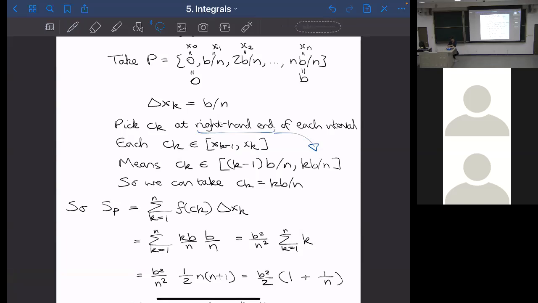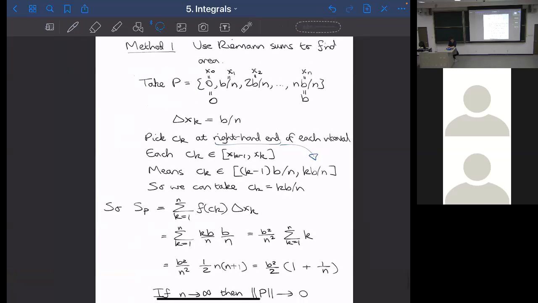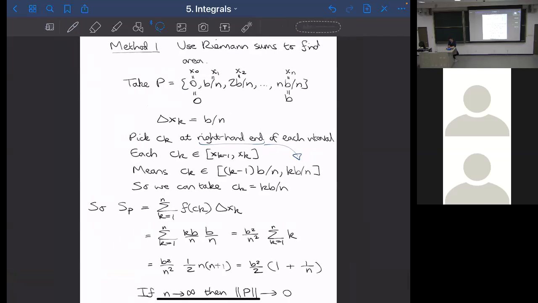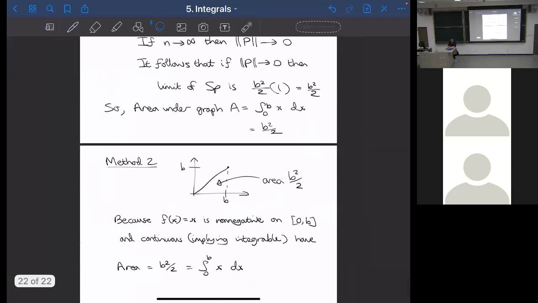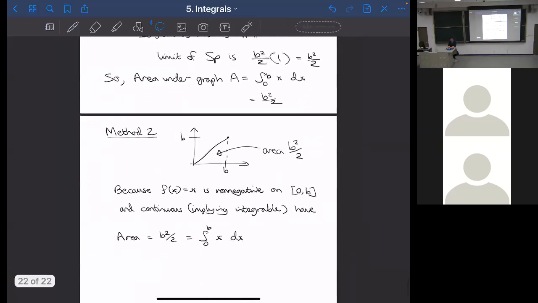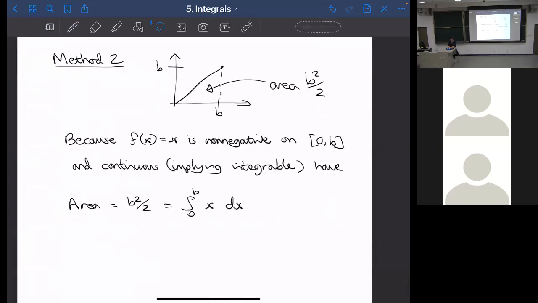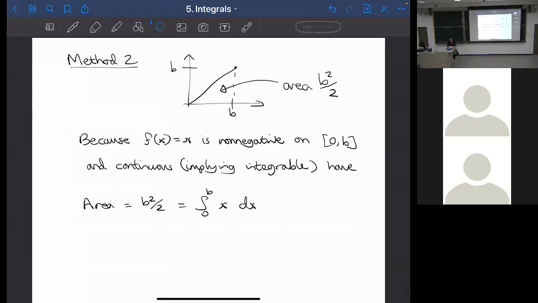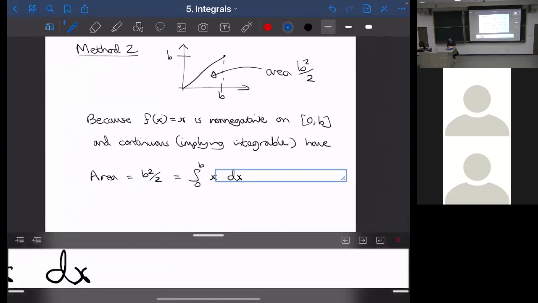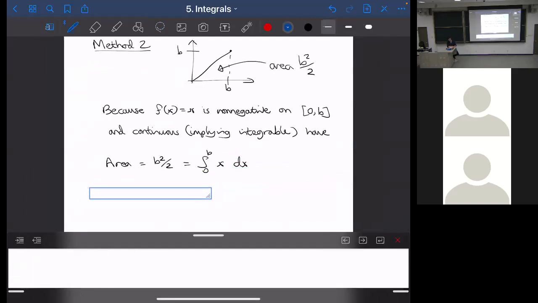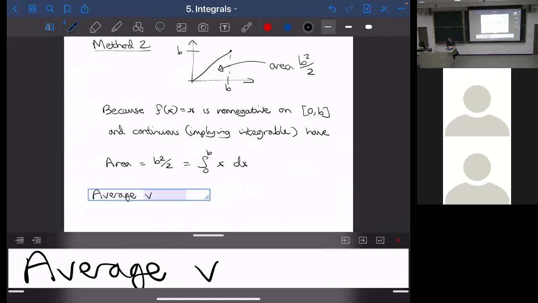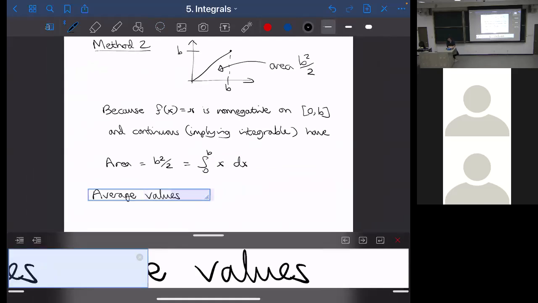So let's give another way to think about definite integrals. We can think about them as areas, and we can think of them as related to averages. So, average values.